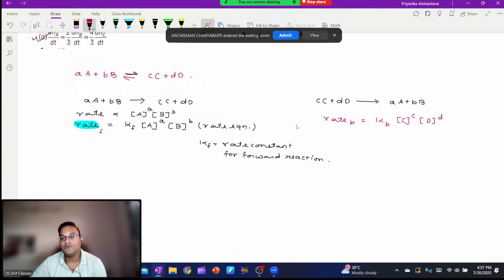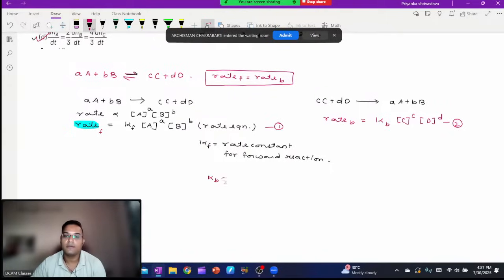This may be new to you, but later in chemical kinetics, you will learn how to frame the equation like this. Now, because in an equilibrium reaction, rate of forward reaction is equal to rate of backward reaction, which we learnt initially, we use these two equations, this is the first one and this is the second one.